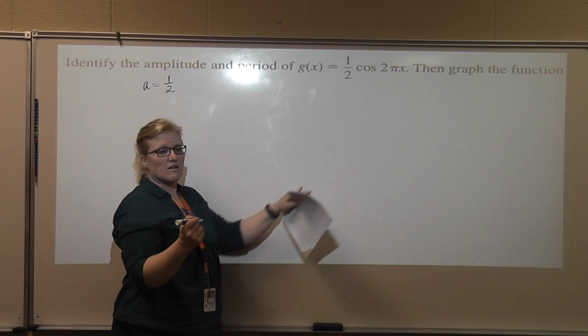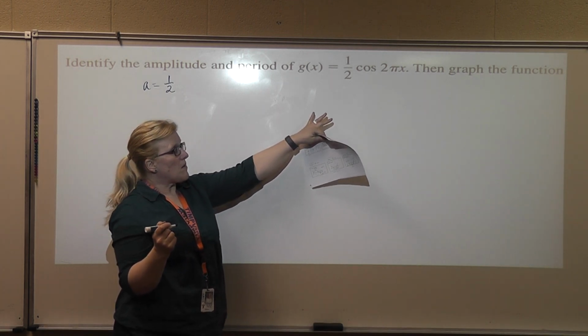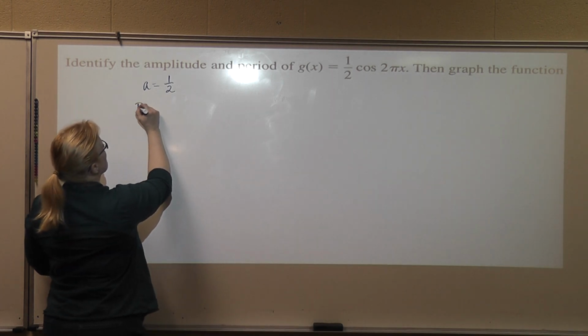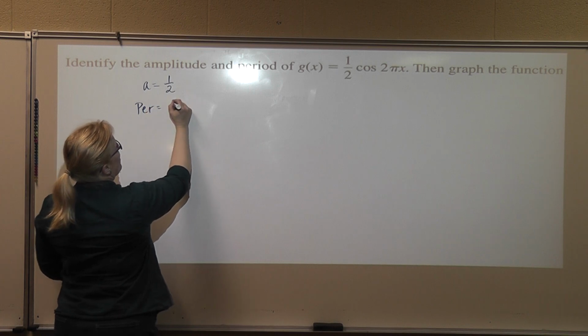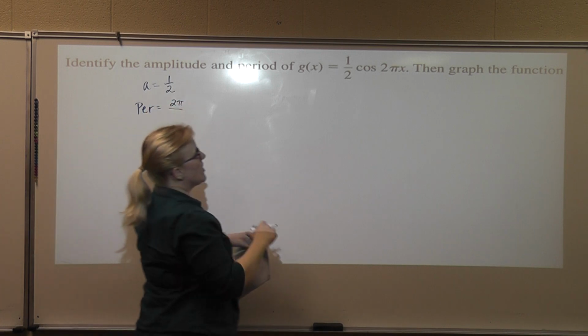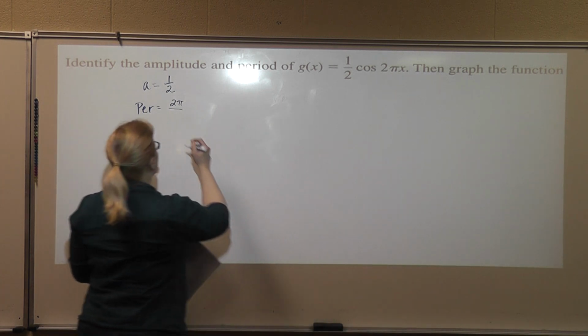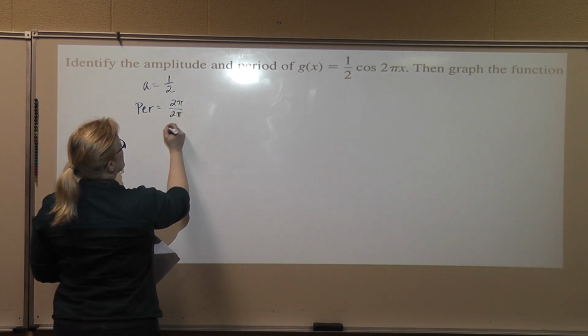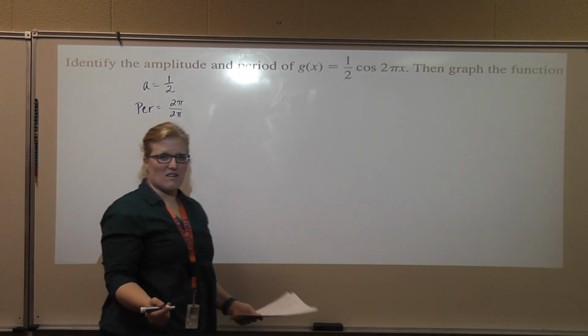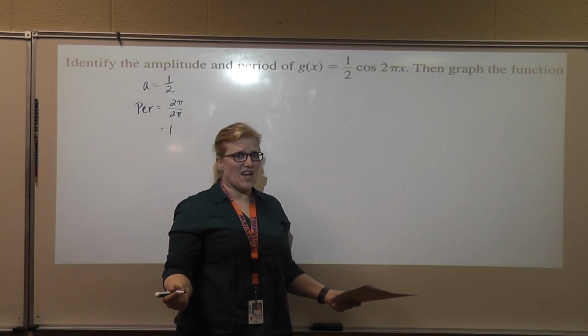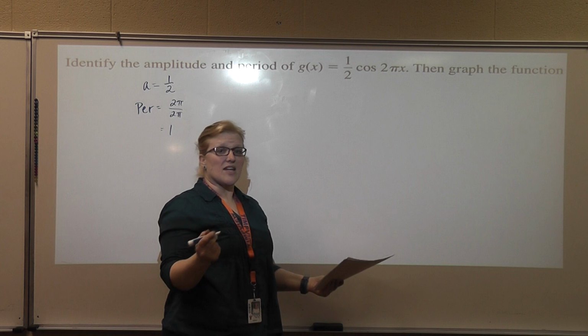And my period then is 2 pi over b, and b here is 2 pi. So my period is 1.